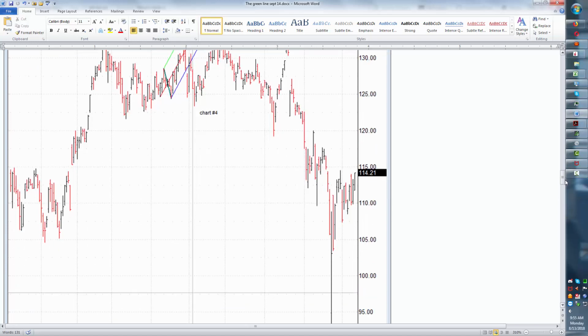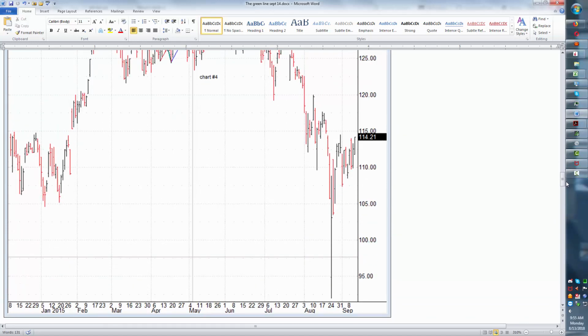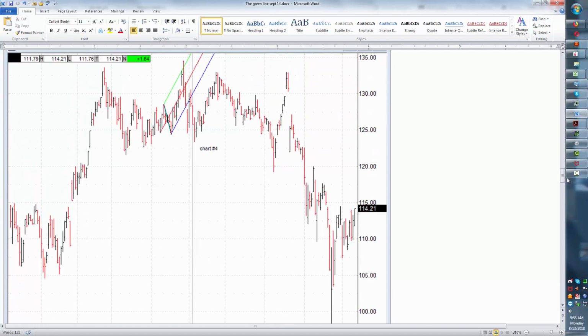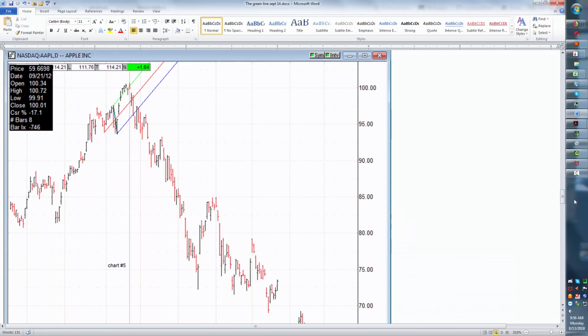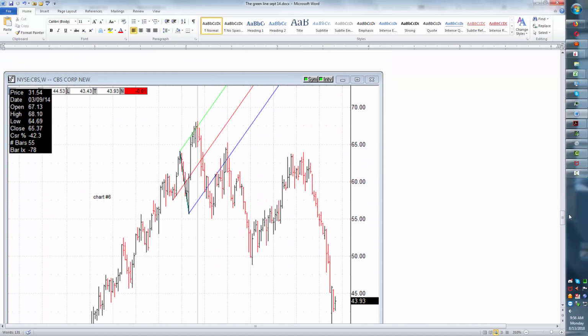This is Apple, and this was the high in April, May of 2015 in Apple, and this was the high in 2012 in Apple. Okay, and here was CBS. We all know good old CBS, good old TV station, and prices went up to the green line and found resistance, and down she went.